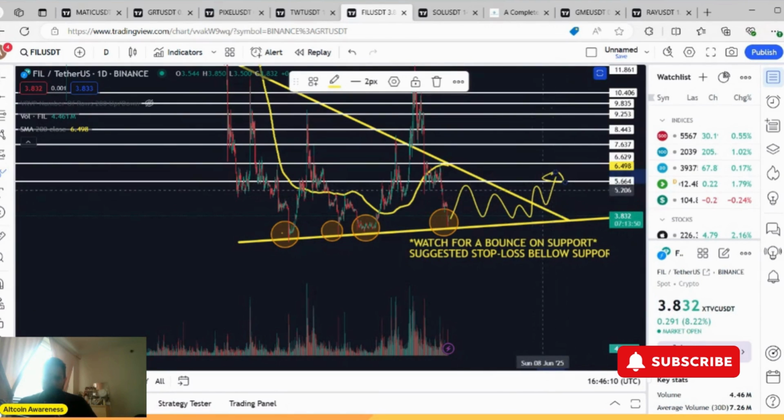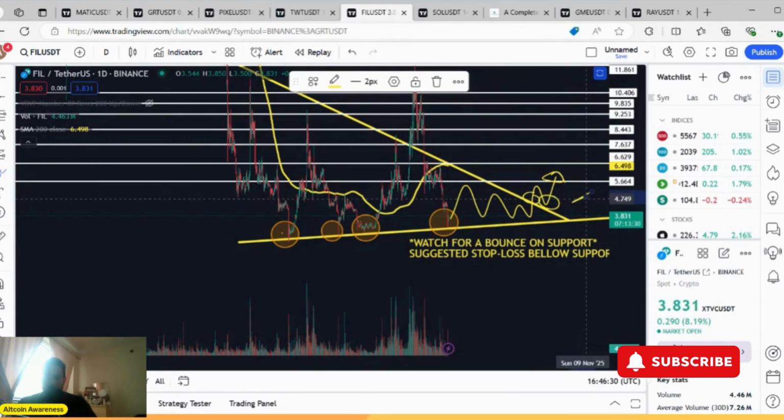Okay? So if I wanted to trade this in a more safe manner, I would start scaling in here, here on the retest, and then trade each Fibonacci level differently, right?